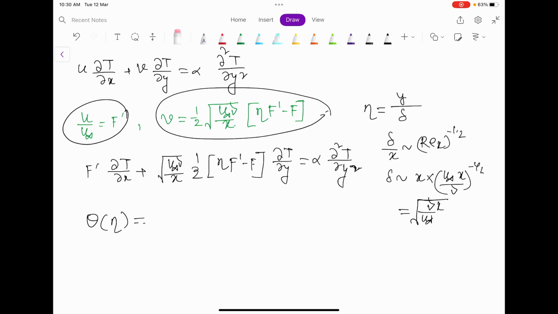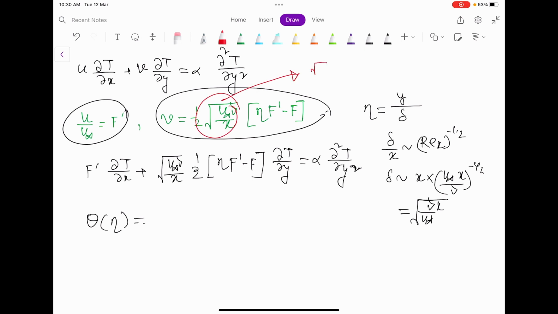I don't remember this form, but I can always derive this form, right? So what you can do is take out this nu, I am just modifying this to get rid of x.